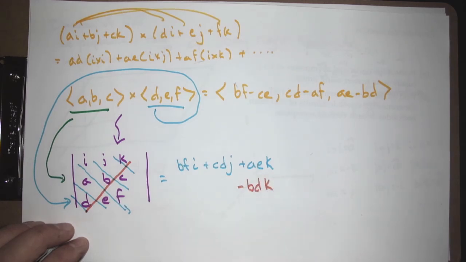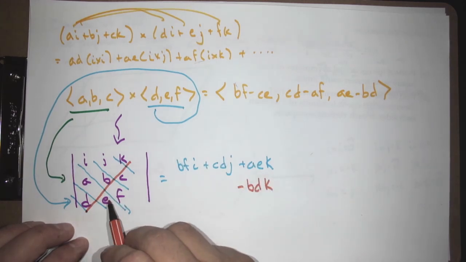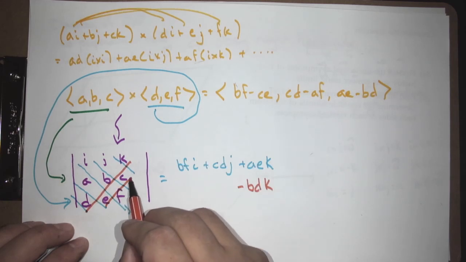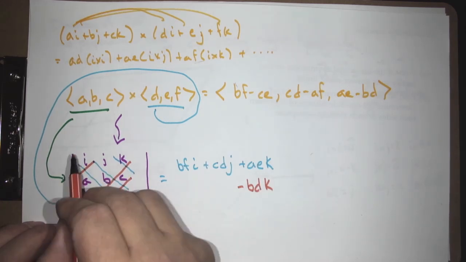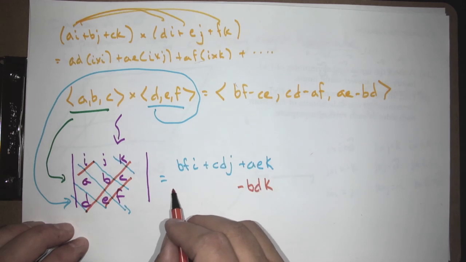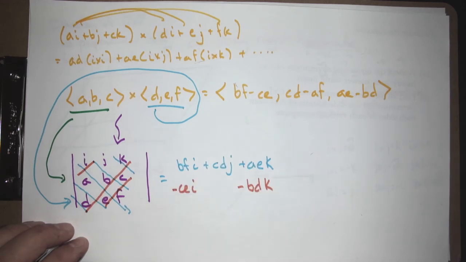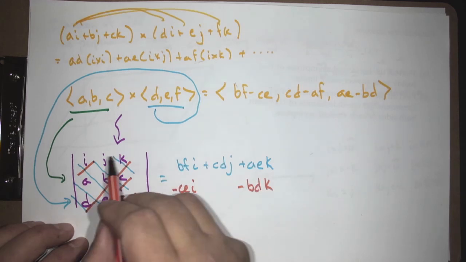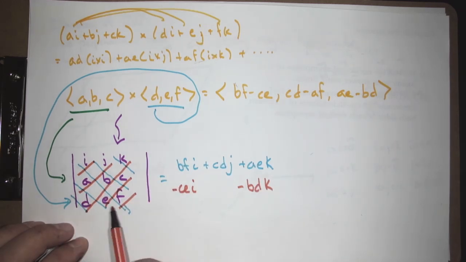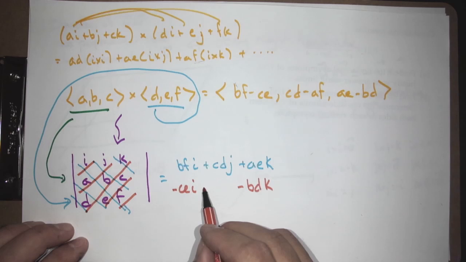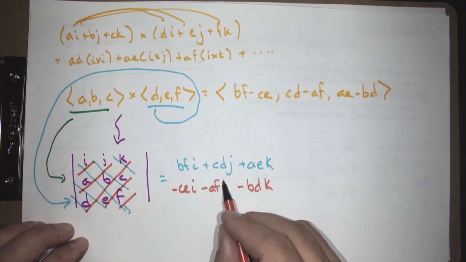So minus B times D times K. E, C, hit the wall, wrap around, I. So that would be minus C, E, I. And last, F, you hit the wall, wrap around, A, J. So you subtract it because you're going uphill, minus A, F, J.